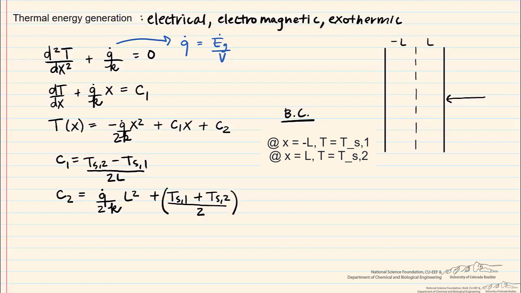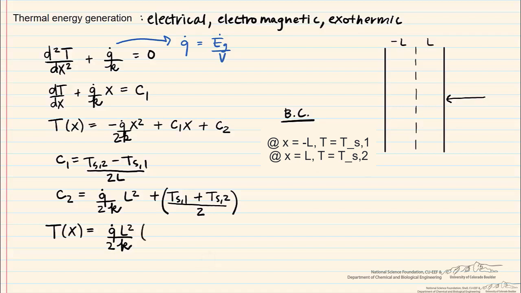And so when we put this all together and cancel out terms, simplify, we have that our T of x is equal to our q dot L squared over 2k. And keep in mind, remember that this is a length of 2L, so that L is half of the plane wall.